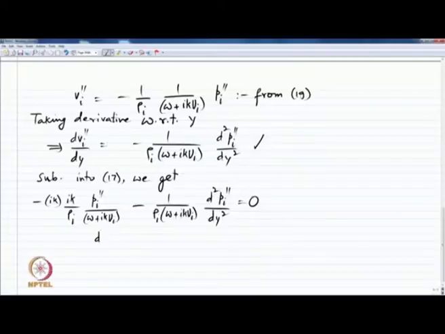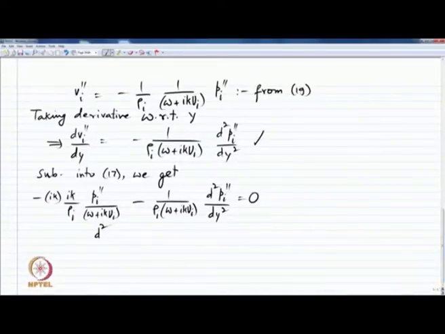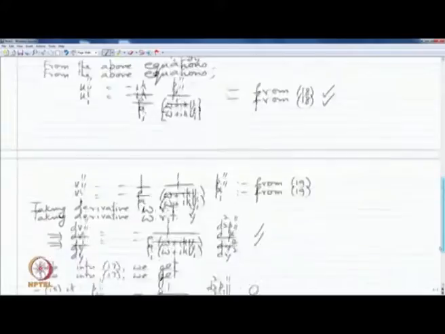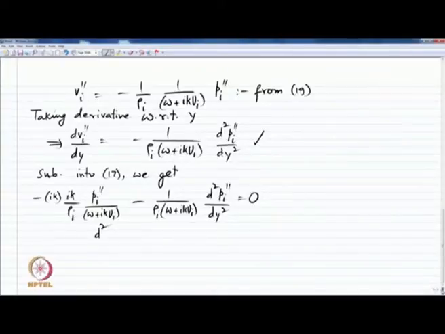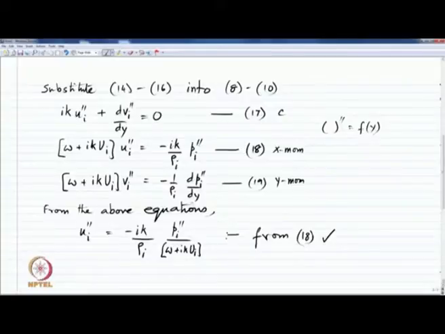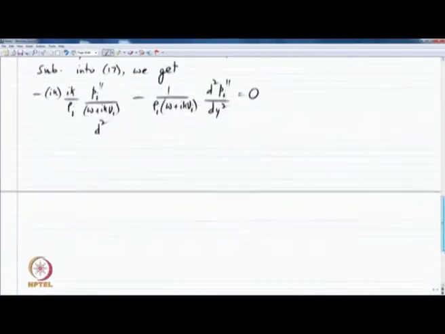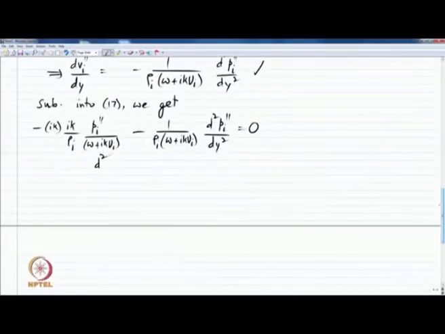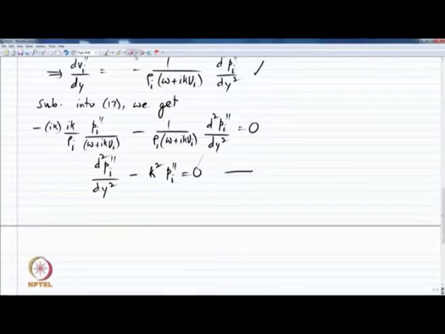So, in short, I can write this as this is our equation 20.